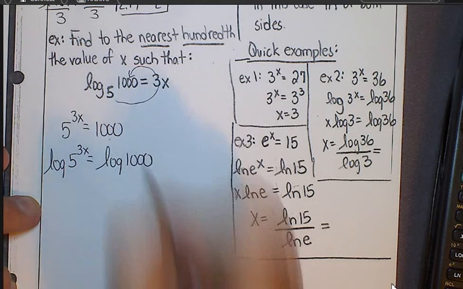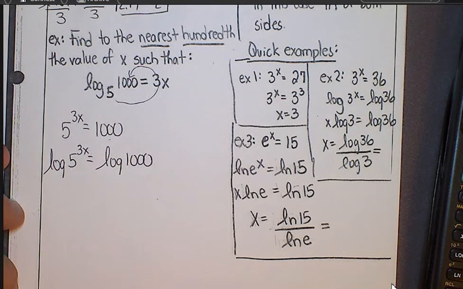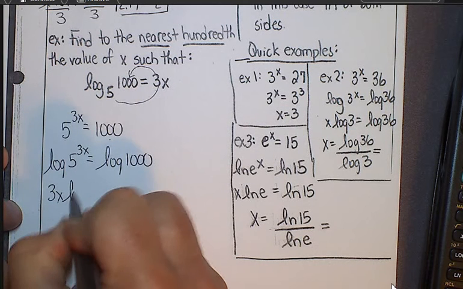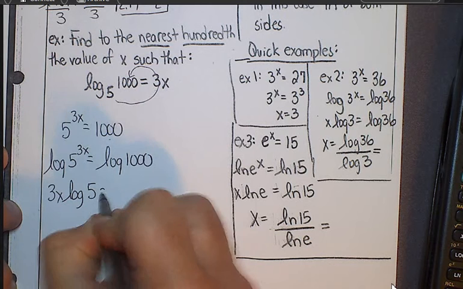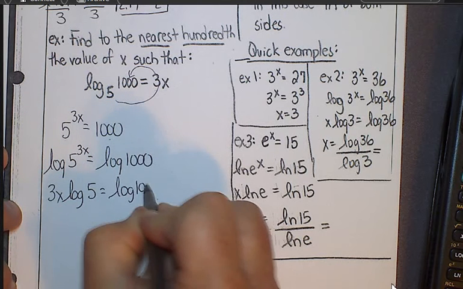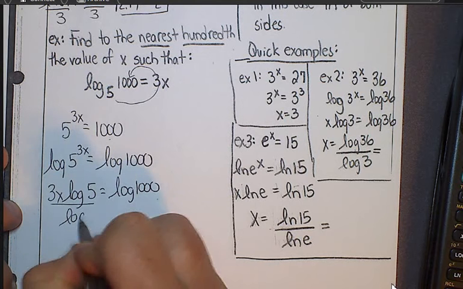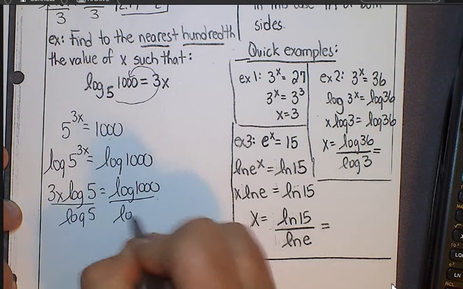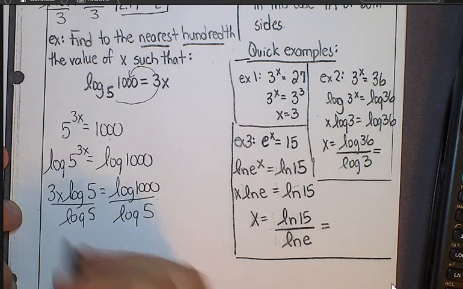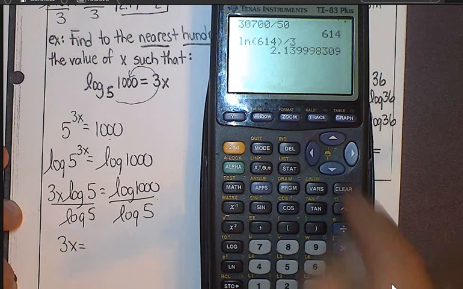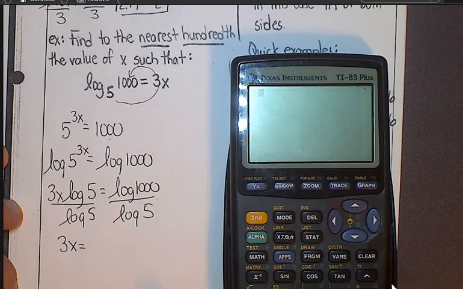So this is log on both sides. Expanding the left-hand side, the 3x comes down in front. There's my log 5 equals log of 1,000. Then I'll divide both sides by log 5, and I get 3x equals, and I go to my calculator. I'm just going to plug in that log, which is there.